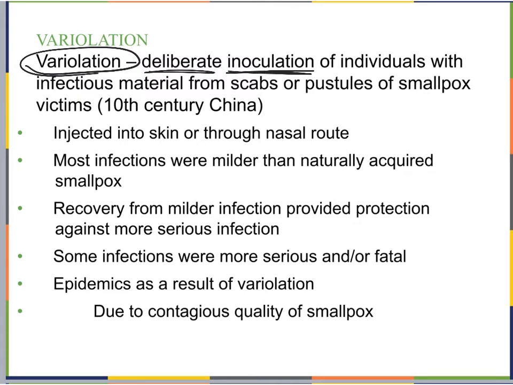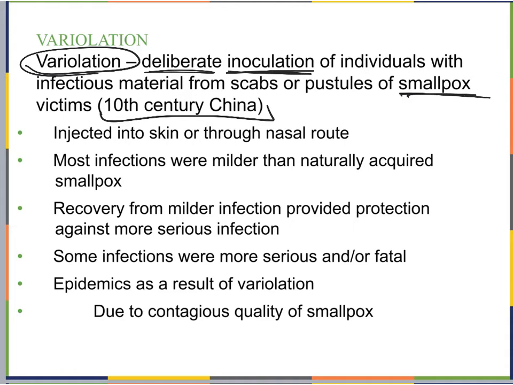This was in 10th century China. Smallpox is very dangerous. It ends up killing a lot of the population, especially back then when they didn't have sanitation and doctors and all of these things that we have now and understood things to the degree that we do now.